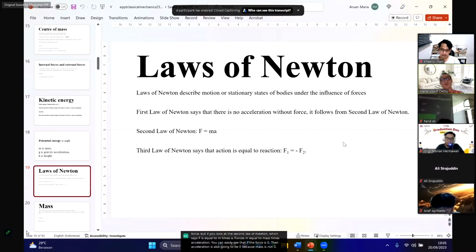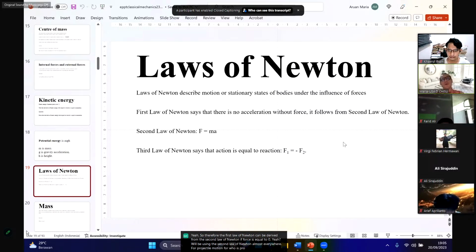So therefore, the first law of Newton can be derived from the second law of Newton if force is equal to 0.